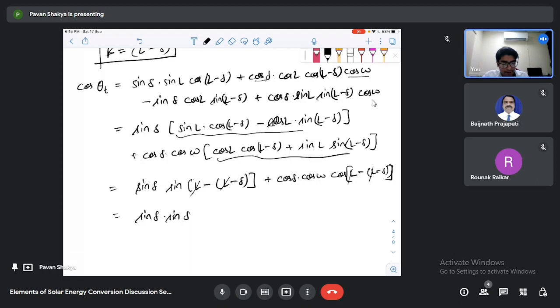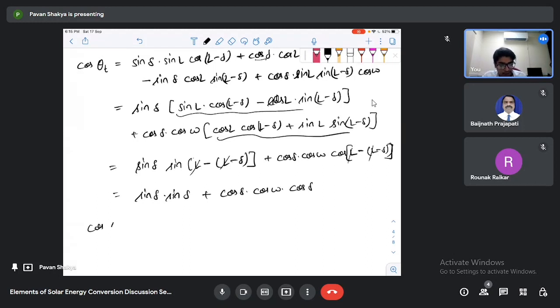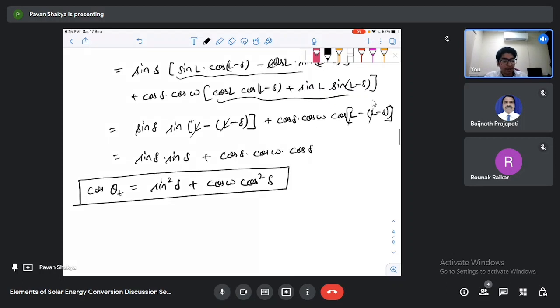So this will become sine delta multiplied by sine delta plus cos delta, cos omega, and cos delta. So the formula for the angle of incidence will become cos theta t equal to sine square delta plus cos omega multiplied by cos square delta. This is the formula for the angle of incidence for any time, for a particular day.